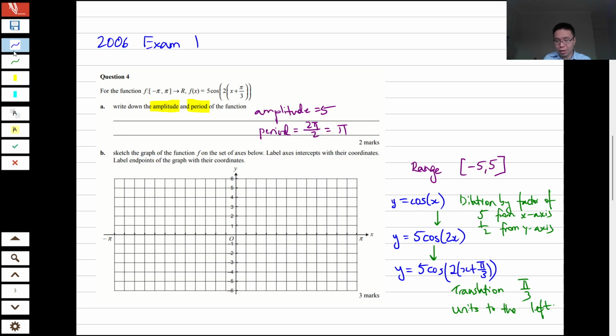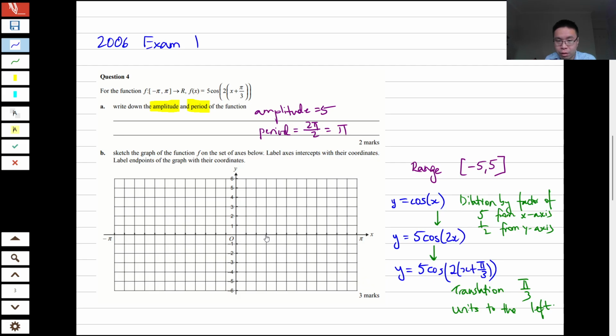Now, in the last question, they labeled pi on 4, pi on 2, 3 pi on 4, and pi. Here, it looks like they haven't, but they actually have. They've given us pi here. Okay, so it's useful to, at this point, count how many lines there are between 0 and pi.